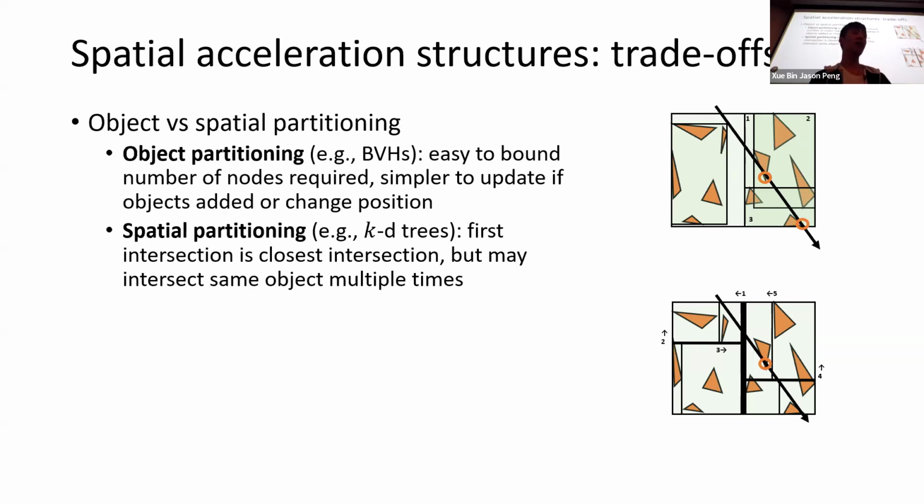But the drawback then is that we might have to test for intersections against the same object multiple times if you don't do some additional bookkeeping. So these are some of the trade-offs between object partition data structures and space partition data structures.